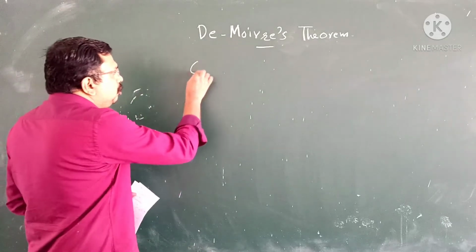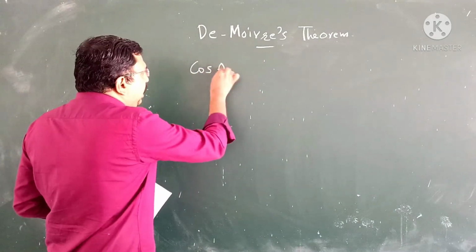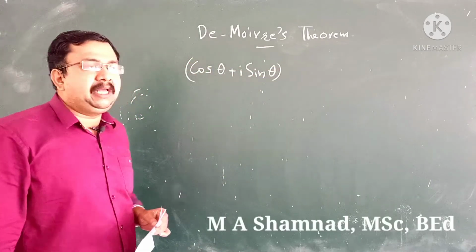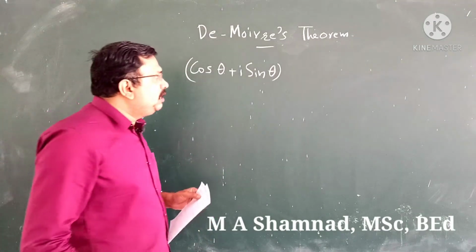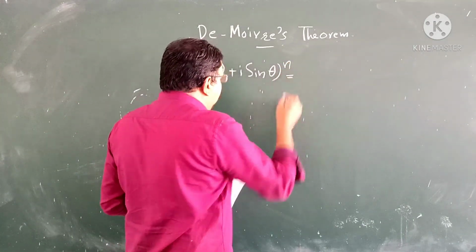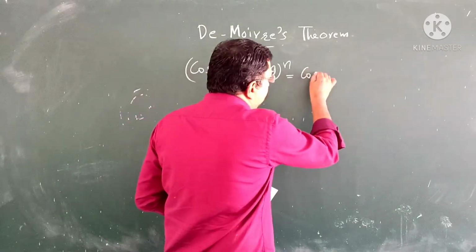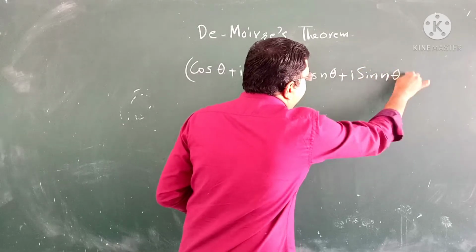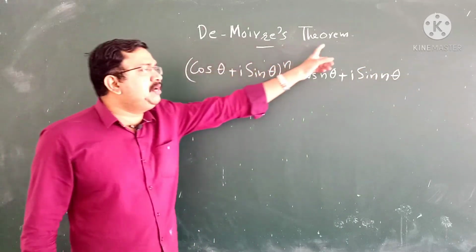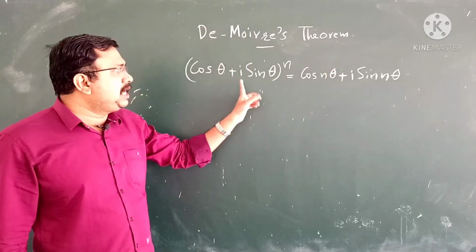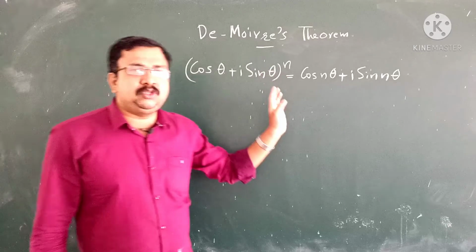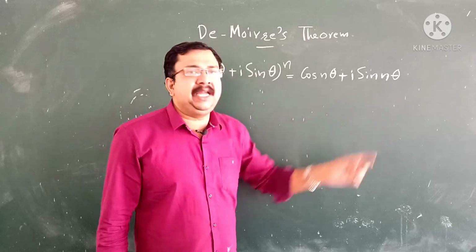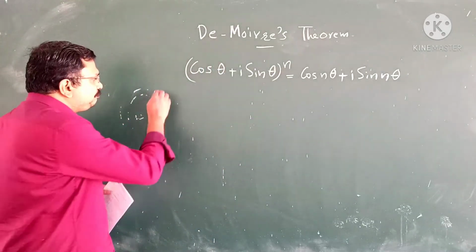That is, (cos theta plus i sin theta) the whole raised to n equals cos n theta plus i sin n theta. We can prove it.